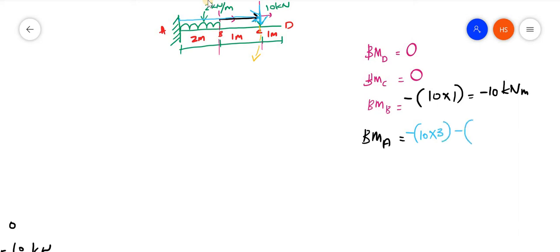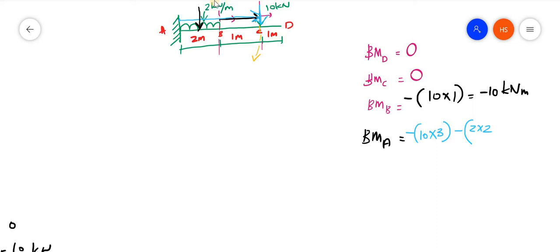Then minus, what is the next load? We are having a UDL of 2 kilonewton per meter. So first of all, you have to convert into load, that is 2 into 2. That is the total load. Now you have to consider where it will be acting. This 2 into 2 will be acting at the center of this one.